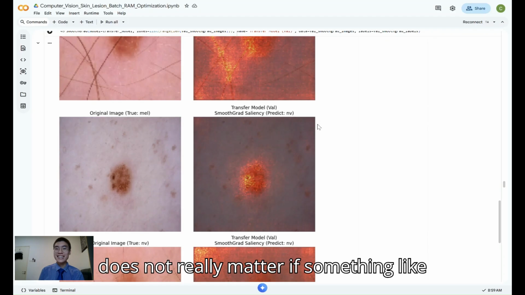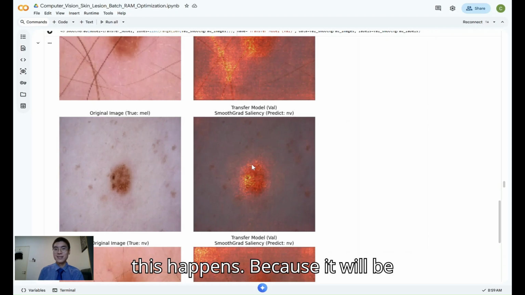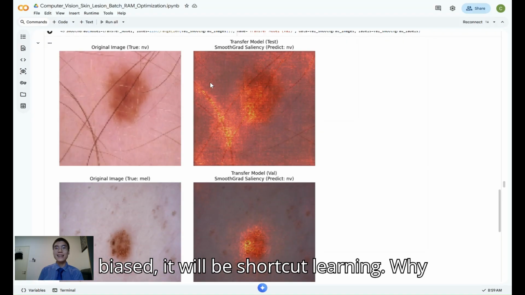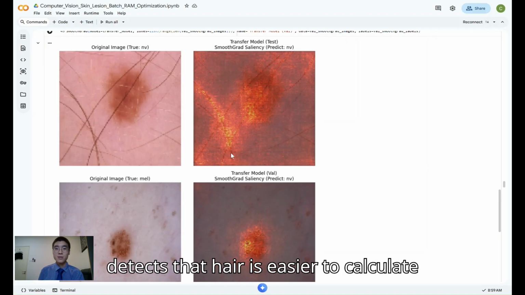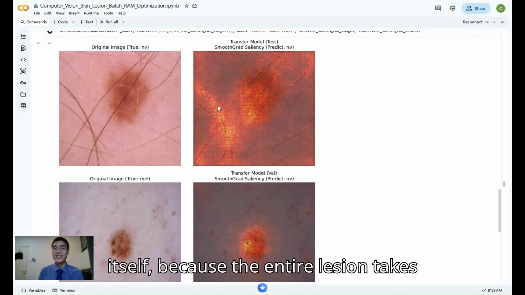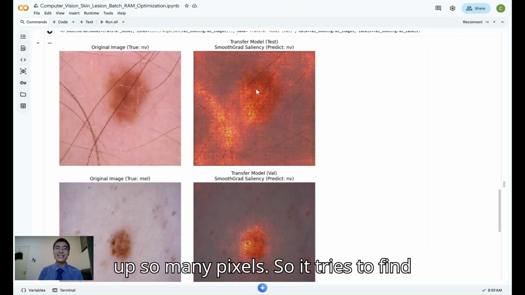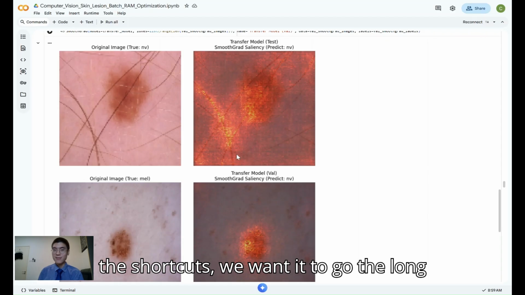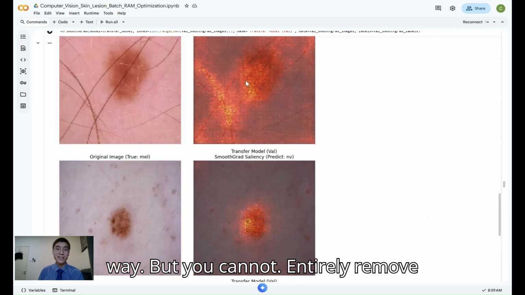So accuracy does not really matter if something like this happens, because it will be biased. It will be shortcut learning. Why does shortcut learning occur? Because it detects that hair is easier for calculating the loss function than the entire lesion, because the entire lesion takes up so many pixels. So it tries to find shortcuts. We don't want it to find shortcuts. We want it to go the long way.